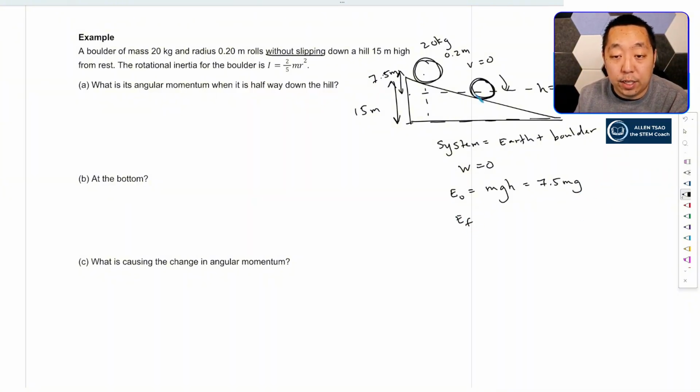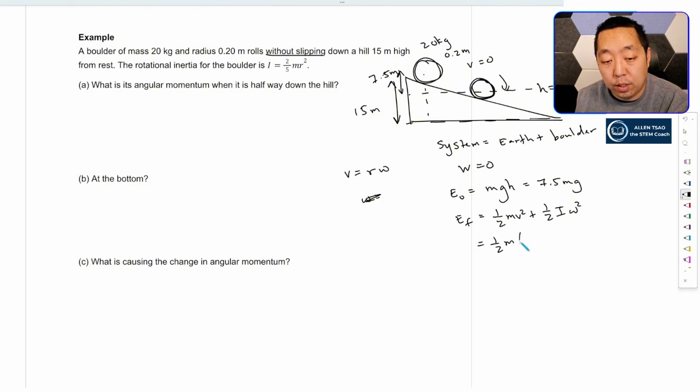At the bottom down here, it has two forms of kinetic energy: linear translational kinetic energy, plus it's also spinning. And so we want to know the omega part, so I want to get rid of the v. Because it's rolling without slipping, v is equal to r omega. So we can make this 1/2 m r squared omega squared plus 1/2 times 2/5 m r squared times omega squared.